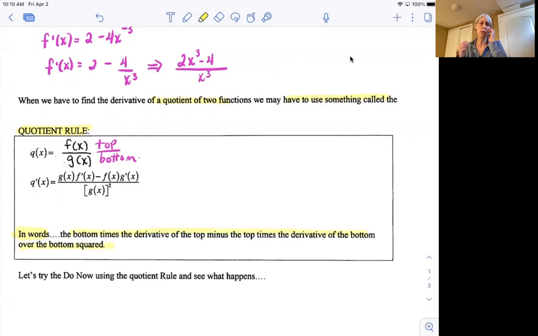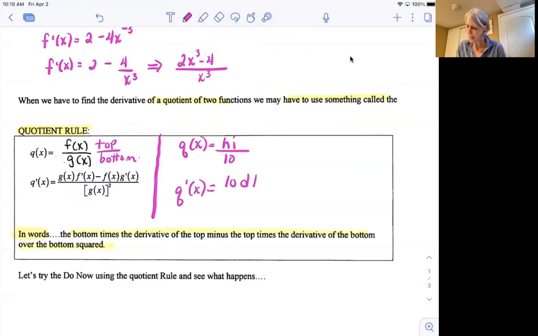To me, it's just a lot easier. Some teachers use a different saying. If you like this, by all means use it. I don't, I mess it up. They use high and low. So you could say q prime of x, or the derivative, is low d high minus high d low over low squared.